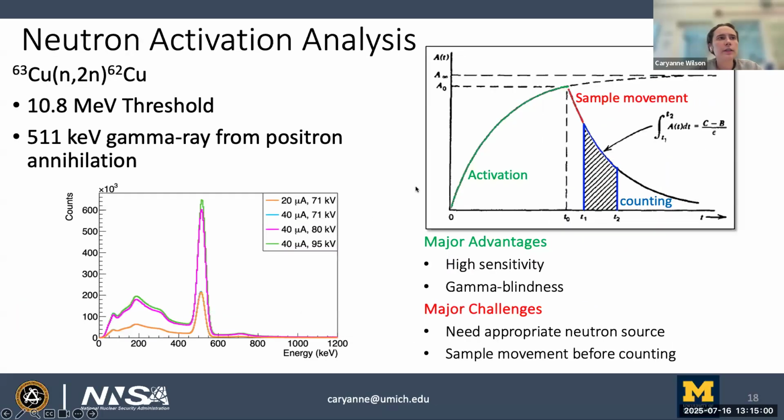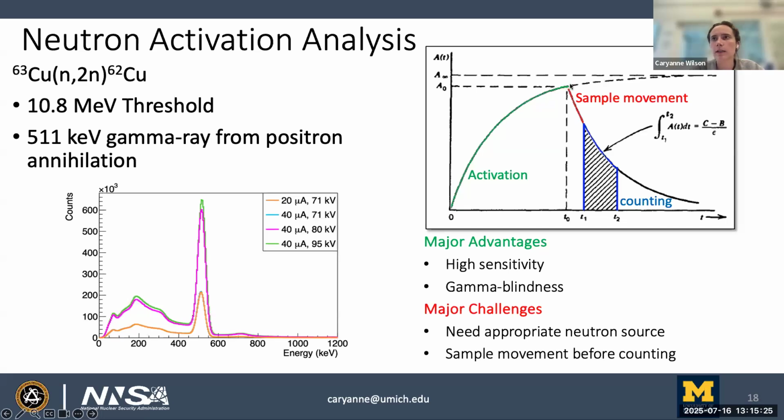So this is actually talking about some work that I've done in the past year, but the copper-63 (n,2n) reaction is a pretty standard reaction used for fast neutron activation analysis. And so as the copper foil or copper sample is irradiated, it'll undergo this (n,2n) reaction and the amount of copper-62 in the material will build up.